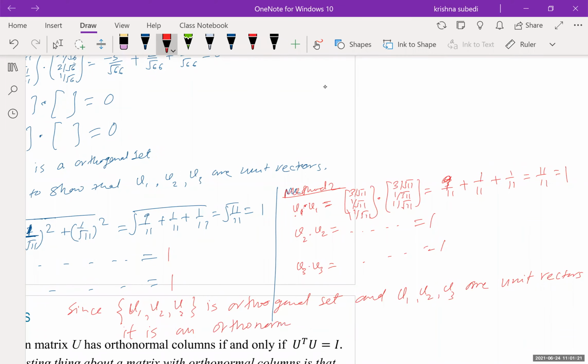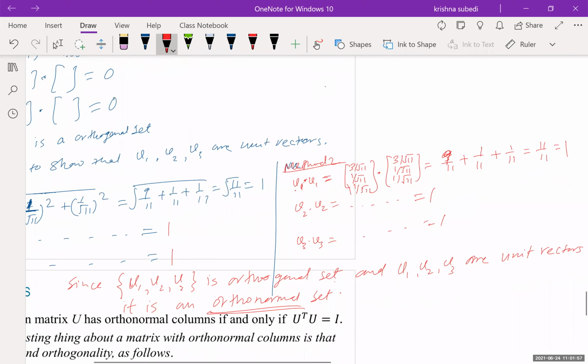Okay, so we know now that orthonormal involves two conditions. Orthonormal means the set must be orthogonal and the vectors must be unit vectors. Orthogonal unit vectors, when you combine them together, it is called orthonormal. An orthogonal set of unit vectors is called an orthonormal set.